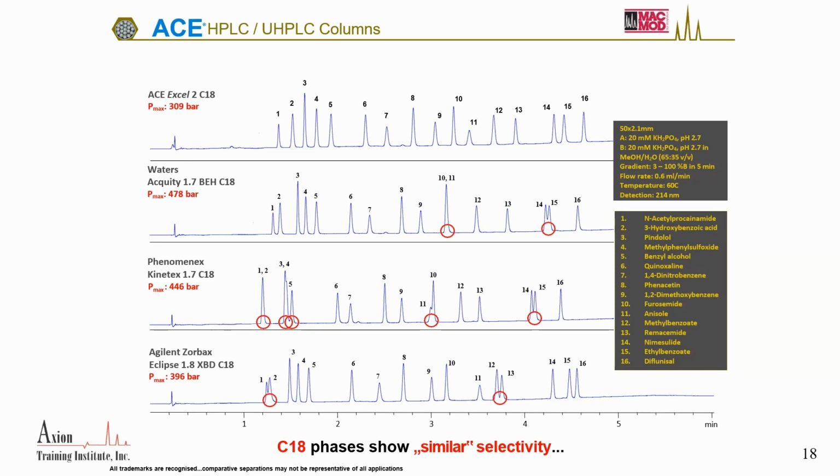Now, this was provided by the folks at ACE, so they chose a mixture that worked on theirs, but it's a really valid set of chromatograms because it shows you that we do have slightly different selectivity, even though for the most part, all the peaks are coming off in the same order, but the relative spacings are a little different. We see those coelutions happening. So that says not all C18s are the same, so I think that's the first takeaway.